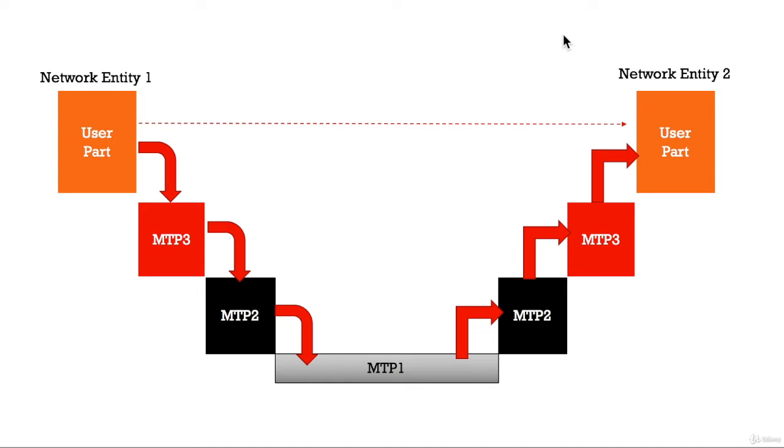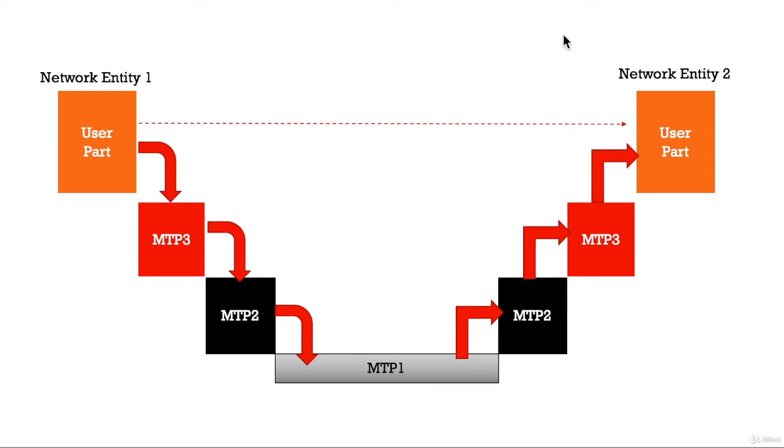Point code is the addressing information of network entities in the telecommunication protocol. The MTP3 layer deals with routing the message using these point codes. Once the MTP3 layer has decided which link to use based on the point code of the destination, it will send the information to the MTP2 layer.